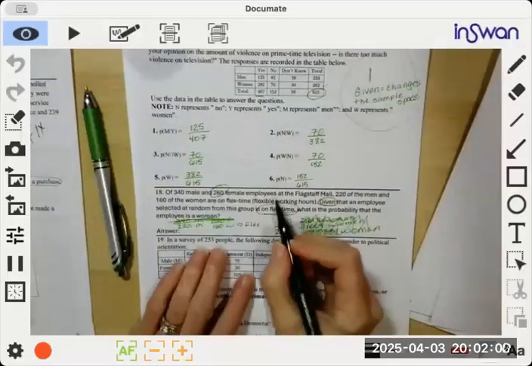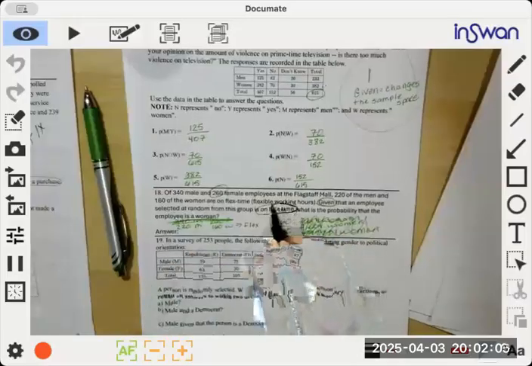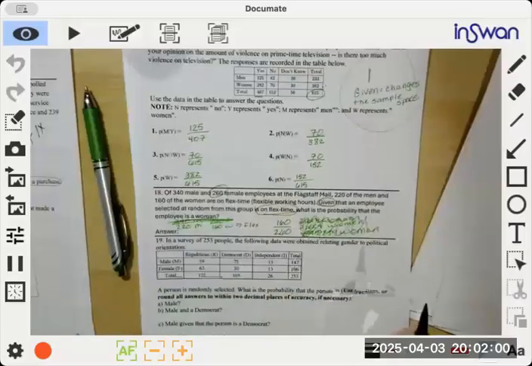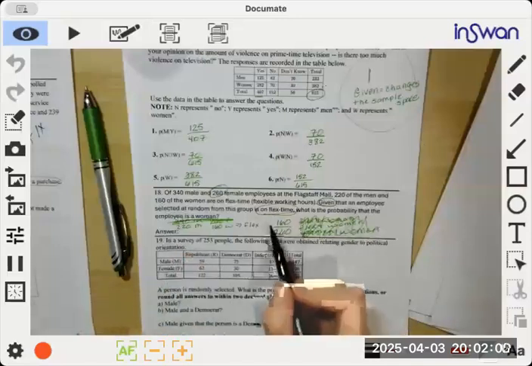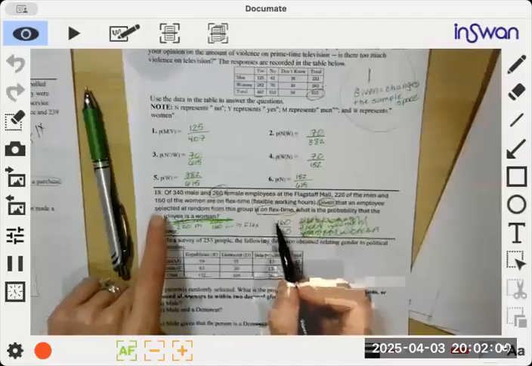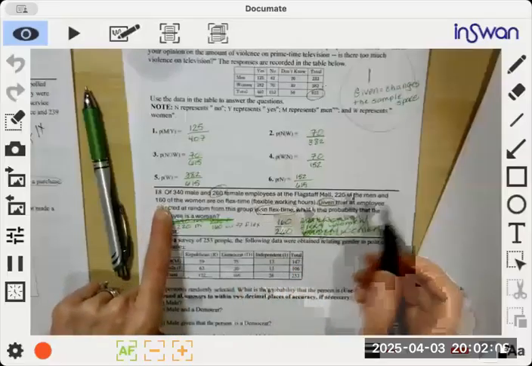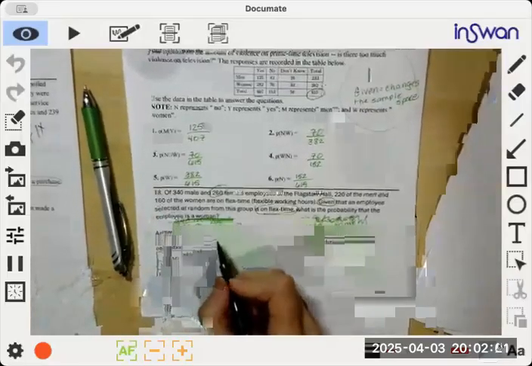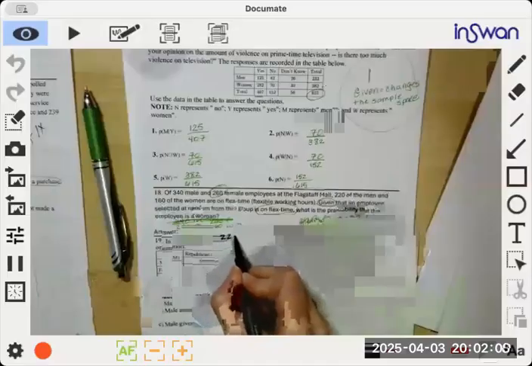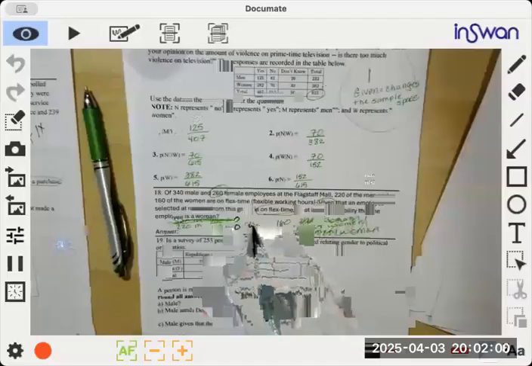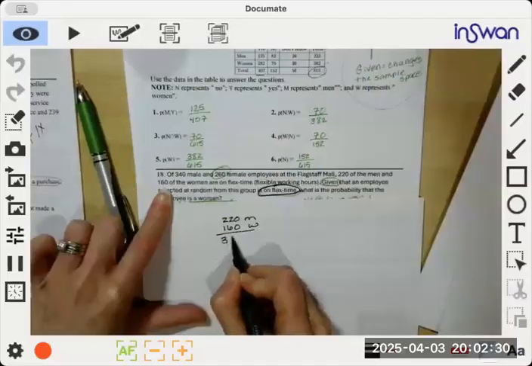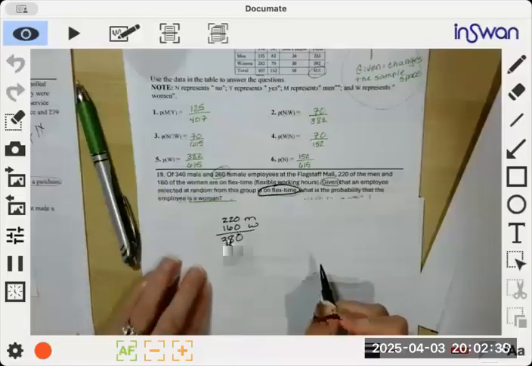It's on flex time. So our sample space is flex time, and that's 160 plus 220. So 220 men and 160 women, for a total of 380.